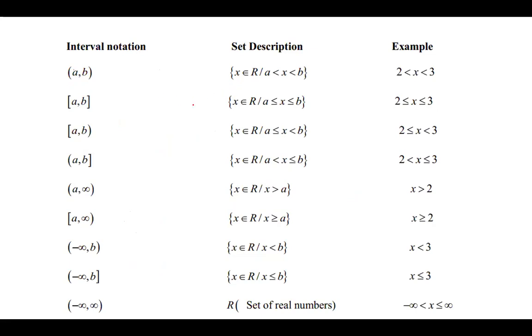In other ways, you can write this like this. Remember what I said, whenever you're dealing with intervals, you're simply dealing with the set of real numbers, which is R. So this is what this means. There's an example here, which is just numbers between 2 and 3. So this can also be written as (2, 3), like that.